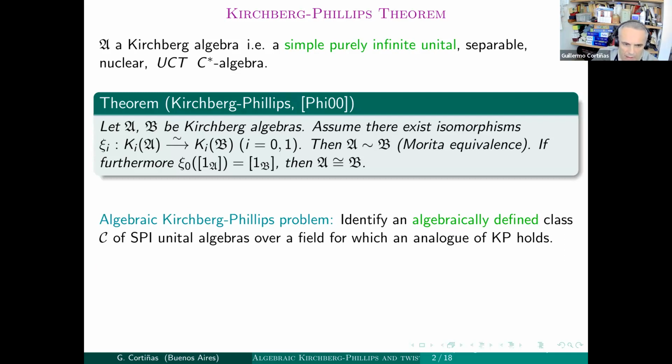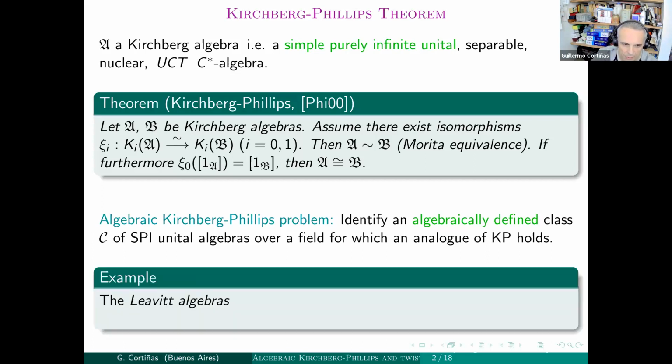Of course, the class containing just one algebra satisfies this because there's nothing to compare it with. So one needs some non-triviality assumption. Minimally, one would want the Leavitt algebras, which Leavitt proved in 1962, at least that's when the paper was published, to be simple purely infinite.